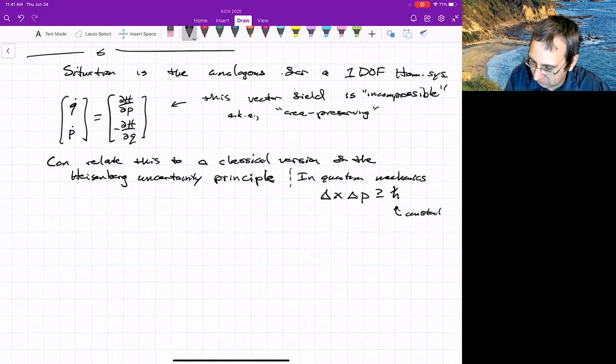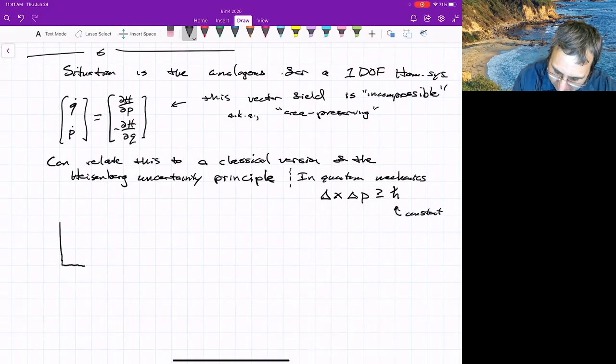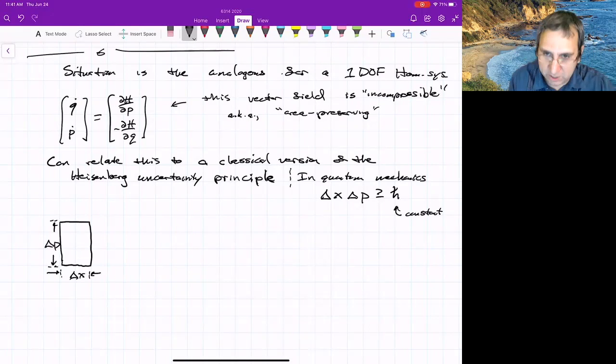This is the main thing. And so this measures like delta x, delta p, if we were to look in the phase space. Here is the width in x, I'll call it lowercase x. And then here is the width in p. Right, in this region, I'll call it D.